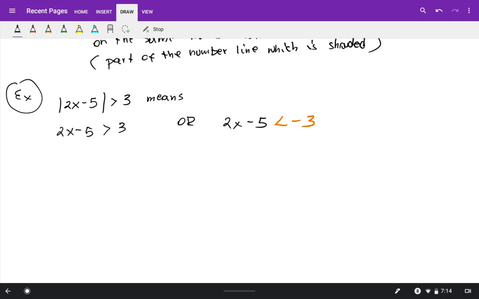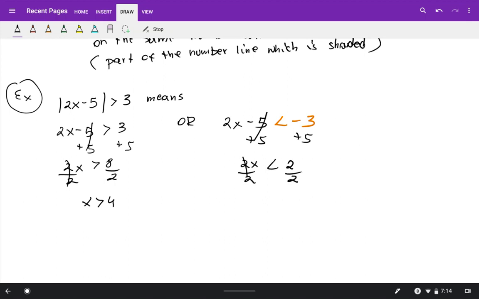We solve the two inequalities by adding 5 to both sides. We have 2x greater than 8, divide each by 2, and we get x greater than 4. Here, add 5 to both sides. So this is 2x less than 2, divide each by 2, and you get x less than 1.